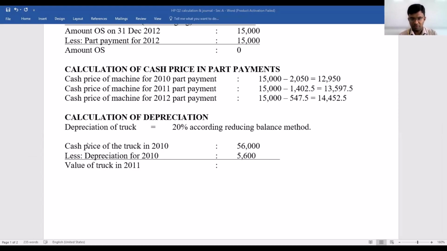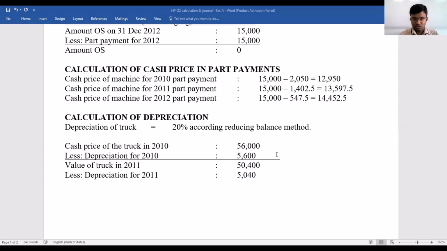Now for this you will have to subtract the depreciation for 2011. When you're computing depreciation for 2011, you will be taking 10%. But 10% of what? 10% of the outstanding amount, which is 50,400.